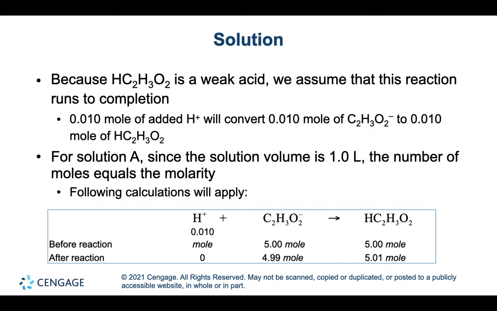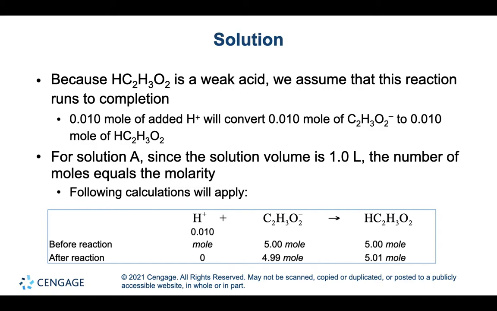So our reaction, H plus plus acetate yields acetic acid, is going to be 0.01 moles of H plus reacting for solution A with 5 moles of acetate, which is going to bring our acetate down to 4.99 moles, and our acetic acid is going to be raised to 5.01 moles.